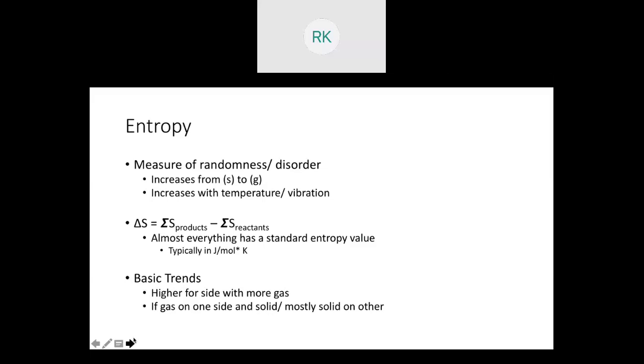So if both your reactant and product side have just gas molecules on it, or mostly gas molecules on it, it's the side with more gas molecules that will have more disorder or higher entropy. And the reason is if you have 1 mole of gas or 2 moles of gas, the 2 moles of gas will collide into each other. They'll just be more spontaneous in a way. And so they'd have greater disorder. So being able to recognize that.